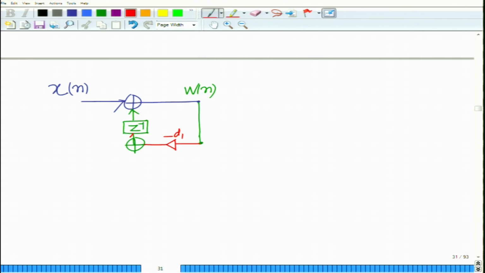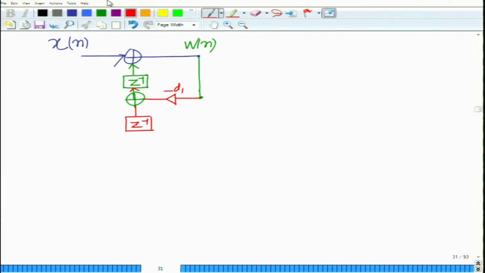And we will have another delay element z inverse, and another adder, another gain, minus d2.